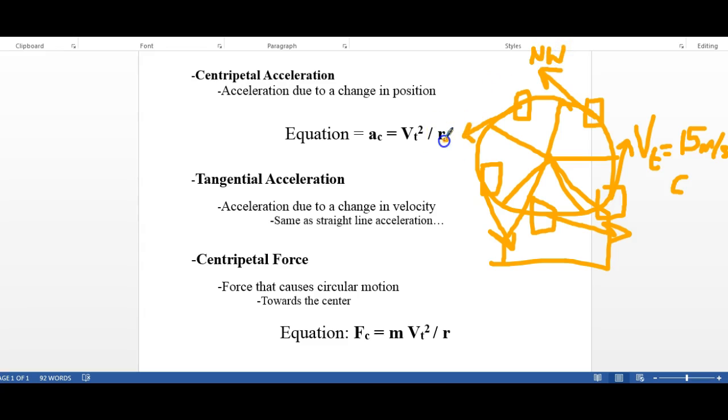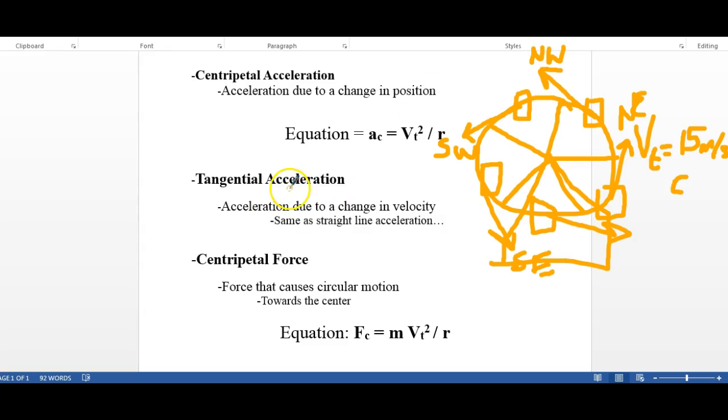Now it's going southwest. Now it's going southeast. Now it's going northeast, right? At a certain angle. So it's constantly changing. There is an equation for it, but the main important idea to understand with centripetal acceleration is that it's a change in position, not necessarily a change in velocity.